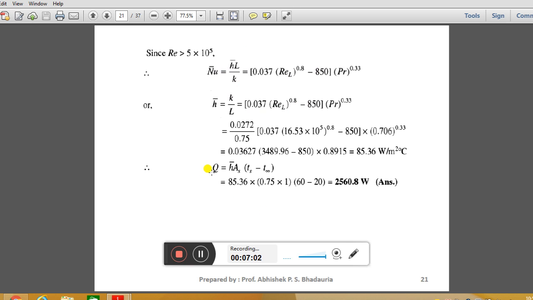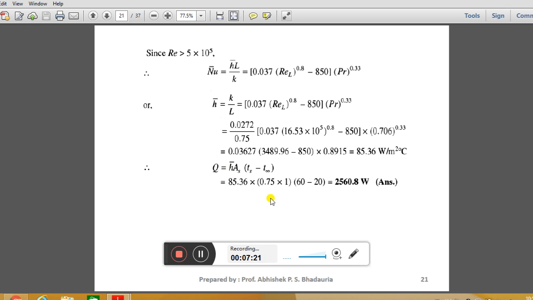Heat transfer definitely takes place by convection, so apply Newton's law of cooling. So Q is equal to h A delta T. This h bar, that is the average value of the convective heat transfer coefficient, we have already calculated. A_s is the surface area.